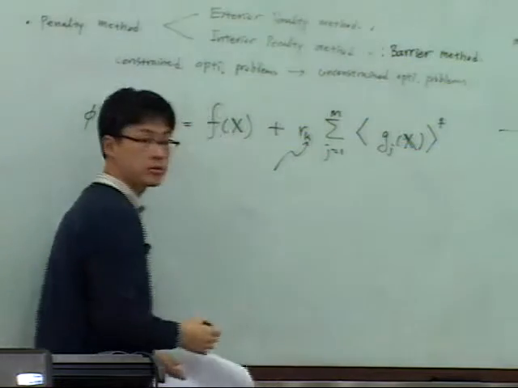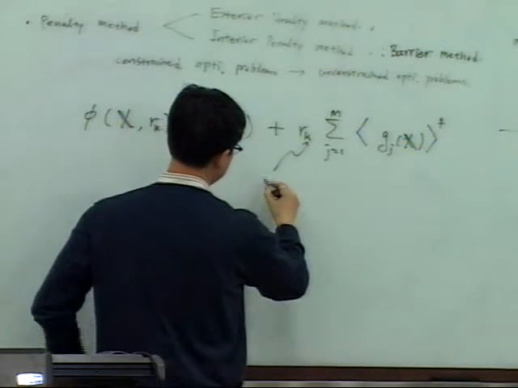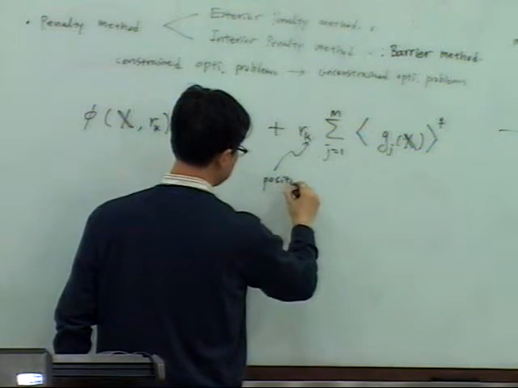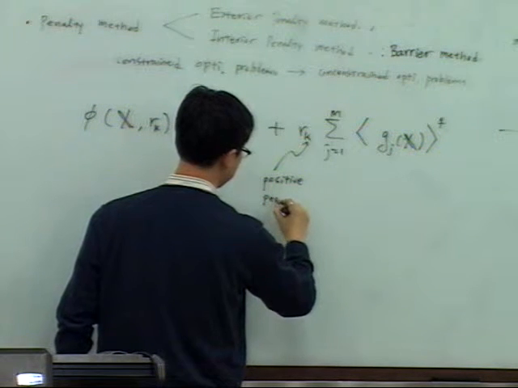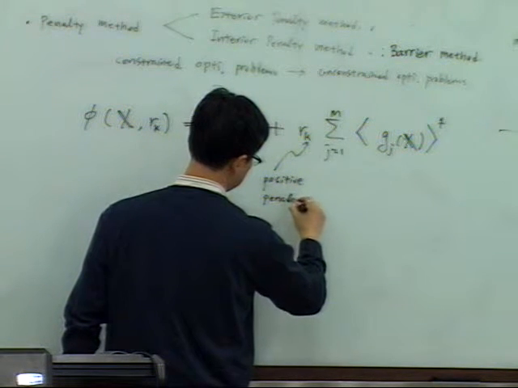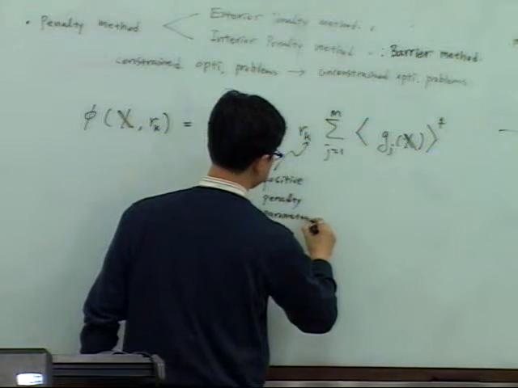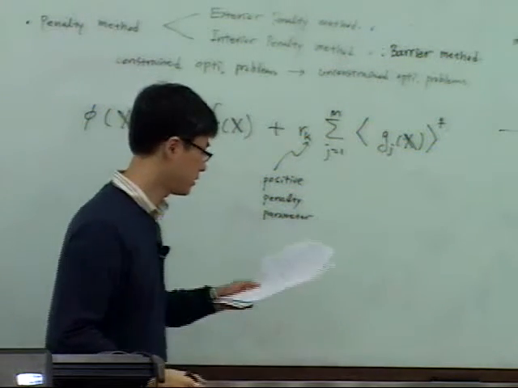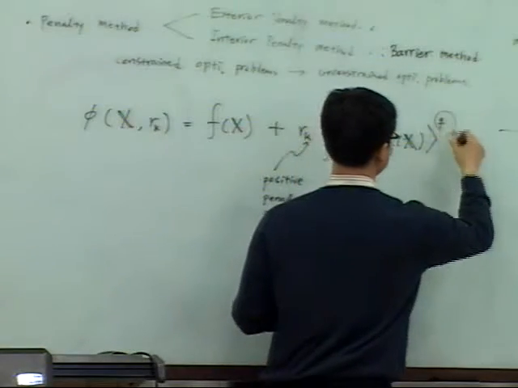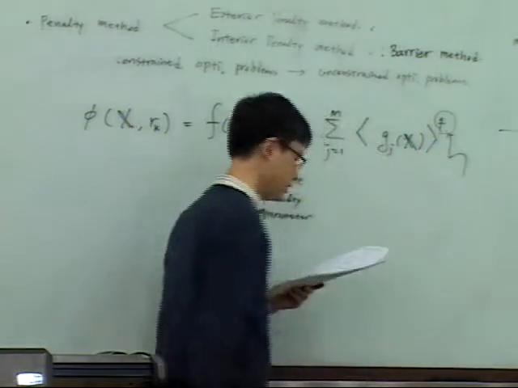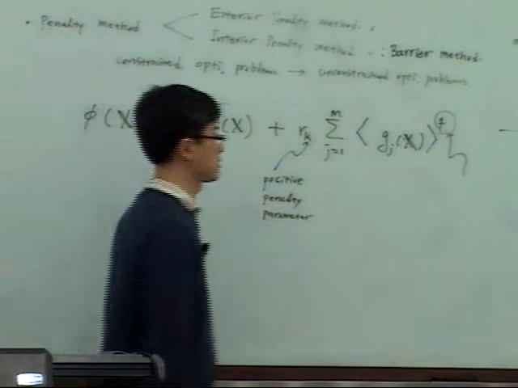This R sub k is a positive penalty parameter and this Q here is a non-negative constant.